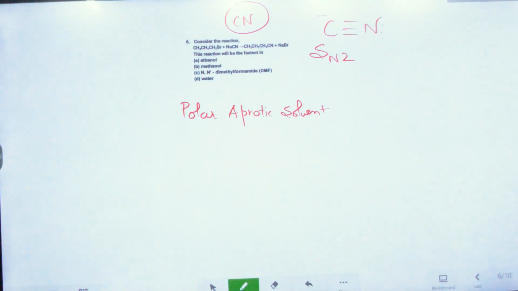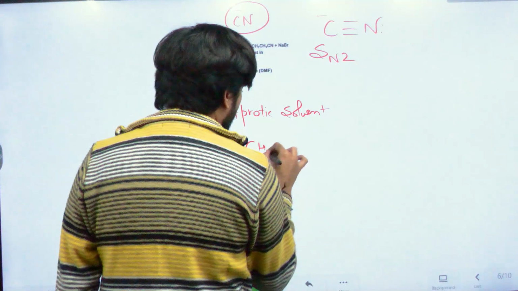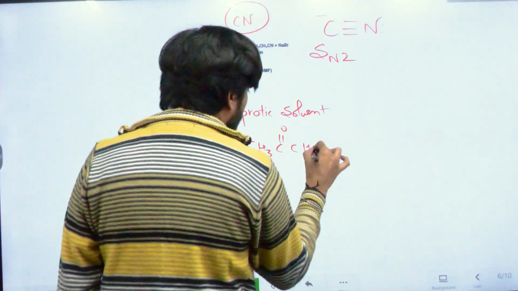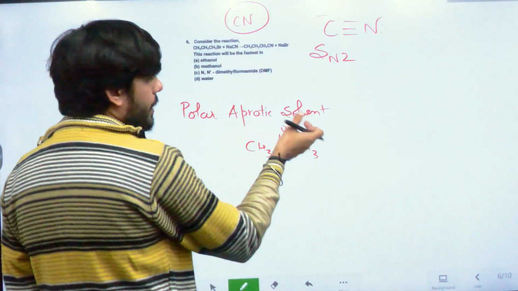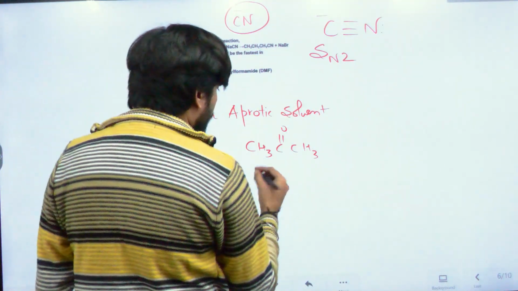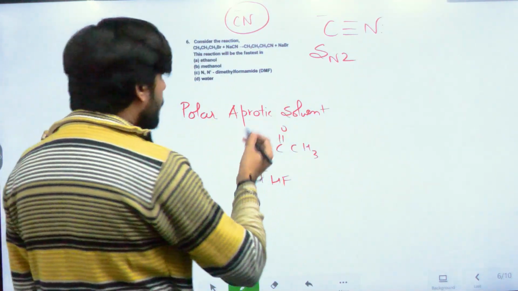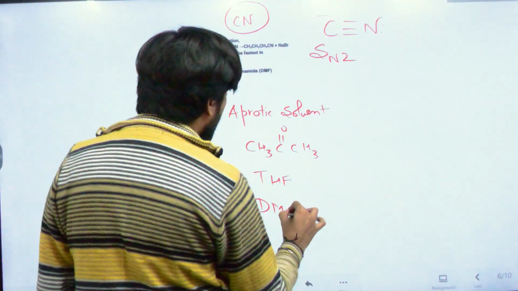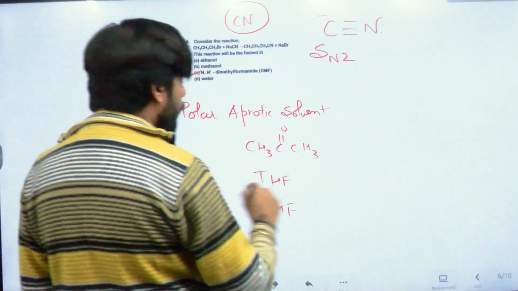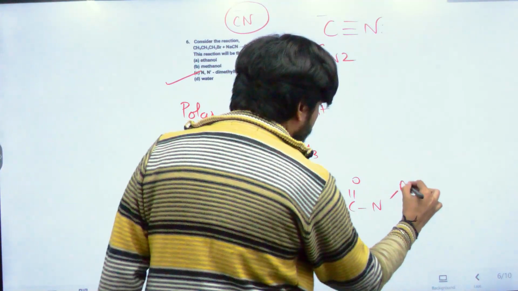Polar aprotic solvent. For example, we have acetone. The bond is polar, but it is aprotic because I do not have H attached to electronegative O. Other examples are THF and DMF, dimethyl formamide, which is something like this.